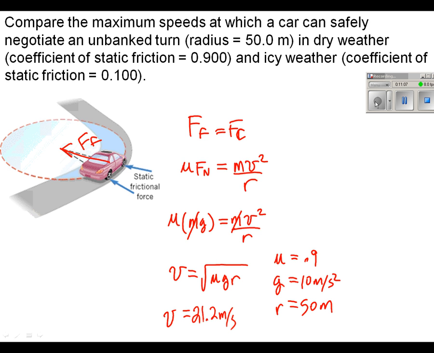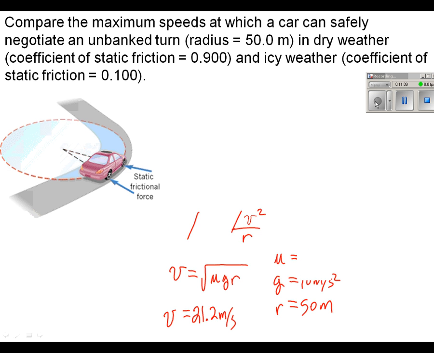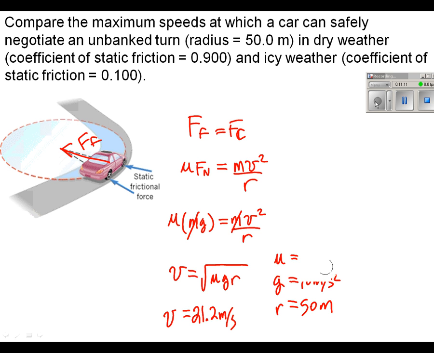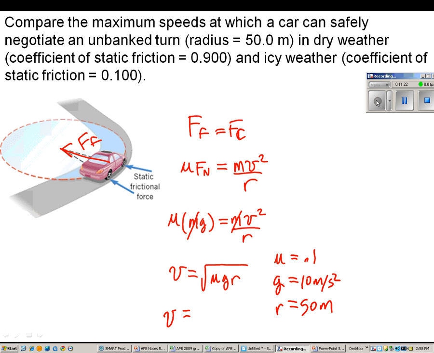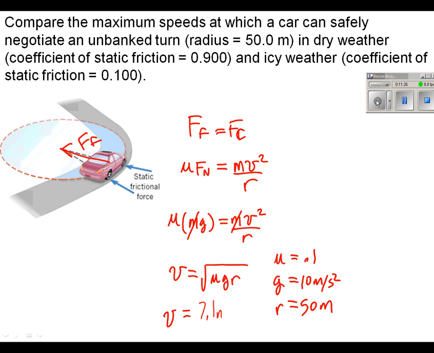And in our second example, our mu now has become a smaller value. We're in icy conditions here. And we make our mu 0.1, much different. And let's see what the difference in the speed is to negotiate that curve safely. In this case, the answer is much smaller, 7.1 meters per second to go around that turn.